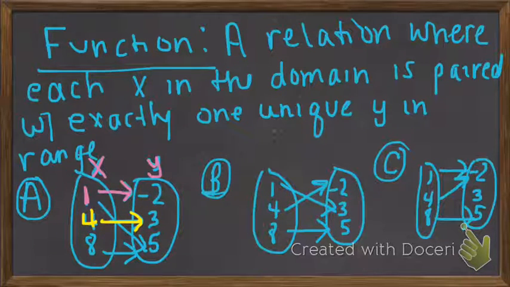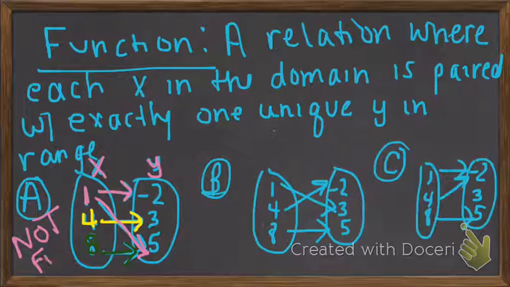And then 8 here is paired with the 5. Oh, and we do have another line there, don't we? And then 1 is also paired with 5. So you'll notice that 1 has 2 partners. 1 is paired with -2, and it's also paired with 5. So this is not a function. 1 has 2 partners.